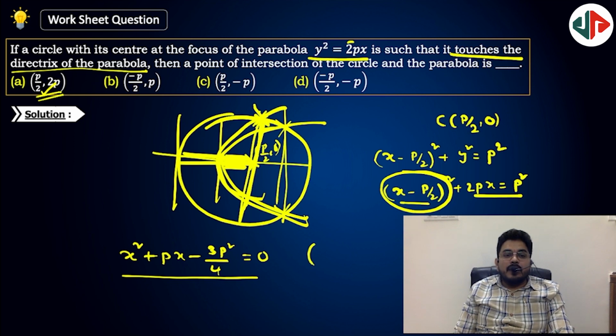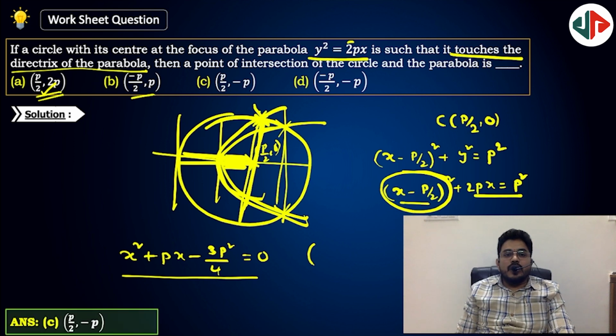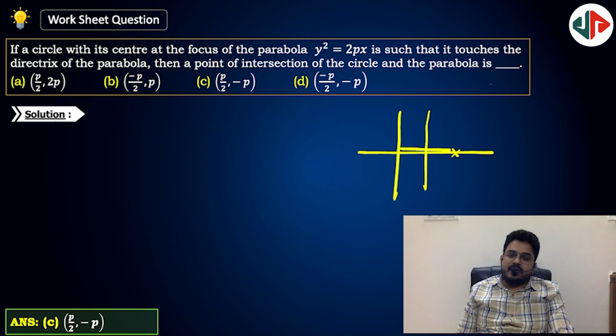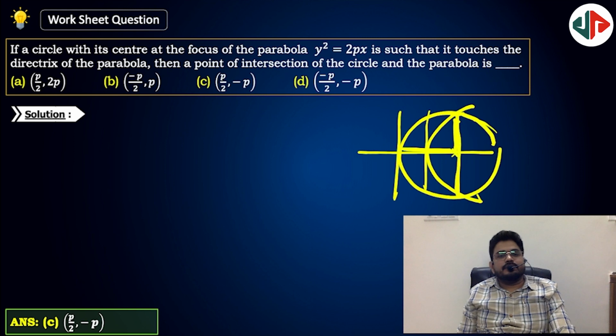P by 2 comma plus p or minus p. So you have p by 2 comma minus p. So from here you need to understand one important point: if you draw the diagram properly, this is the center, and this length will be equal to the length of this one. Okay, so this is 2a unit, this is 2a. So the circle is going to be like this.